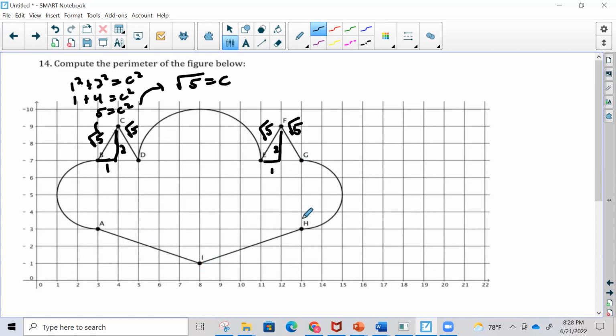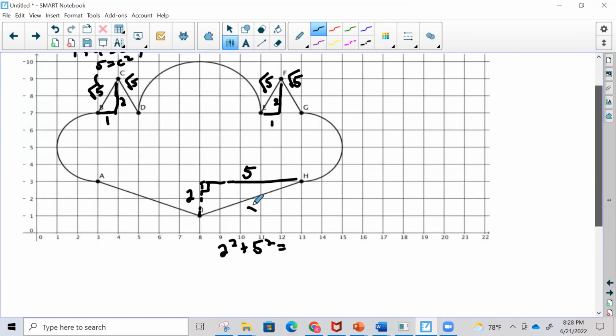So let's do the other 2 line segments that we have, IH and AI. You can just do one of them. And again, they're going to be equal. So if I make my right triangle, I have 2, and then I have 1, 2, 3, 4, 5. And then to find this one, we're going to do A squared plus B squared equals C squared.